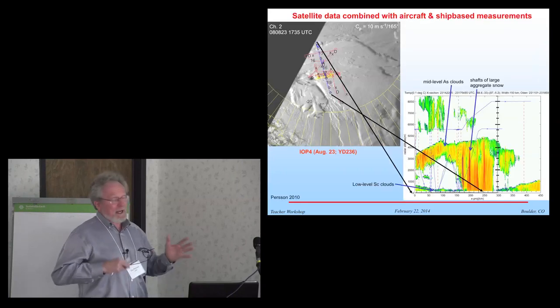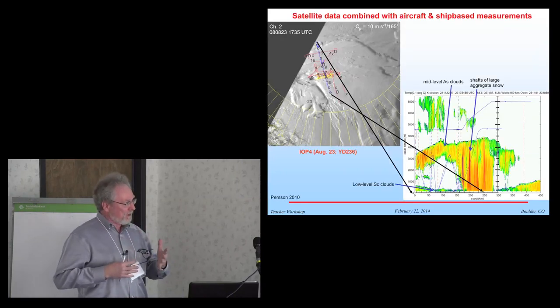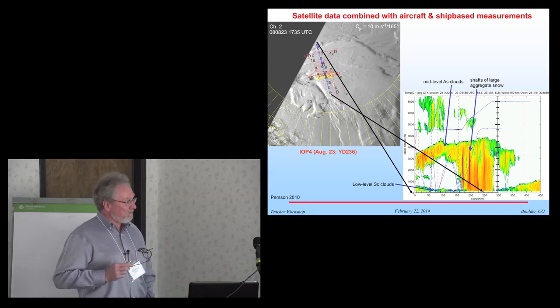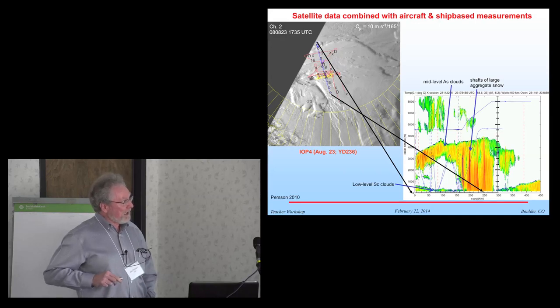Or you can combine, and this is a method we're using a fair bit, combining a bunch of different measurements. So satellite measurements. This is now a satellite image. Near North Pole is just about up here. The Swedish icebreaker is here on this blue line. And this red track is this NASA DC-8 aircraft track.